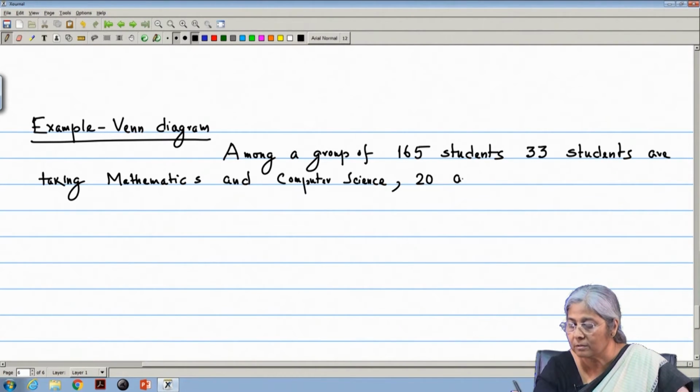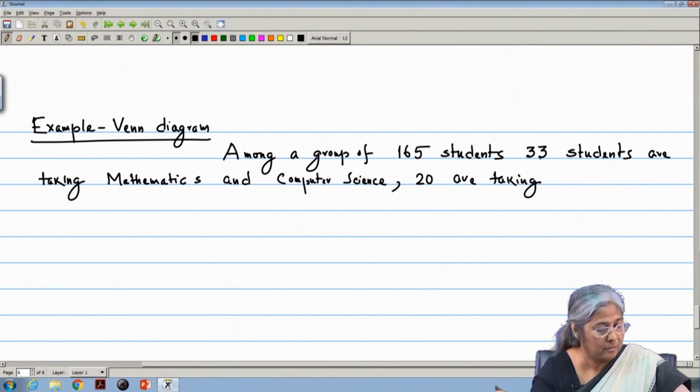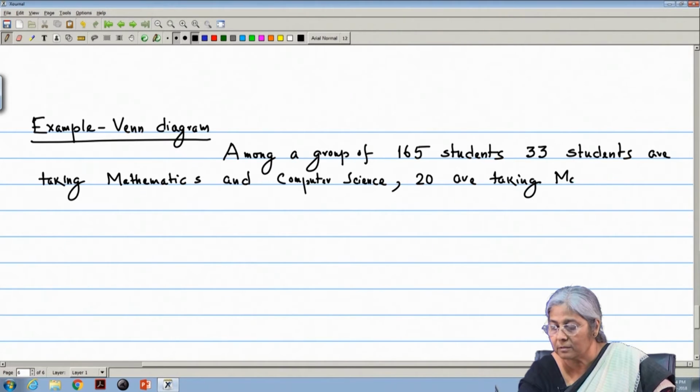Twenty students are taking mathematics and physics.